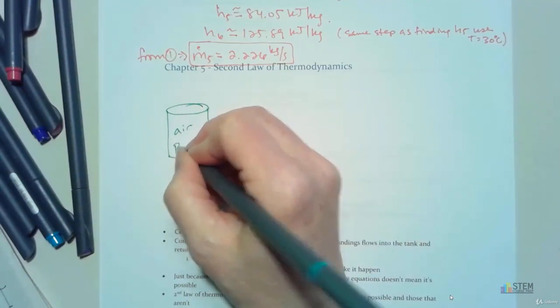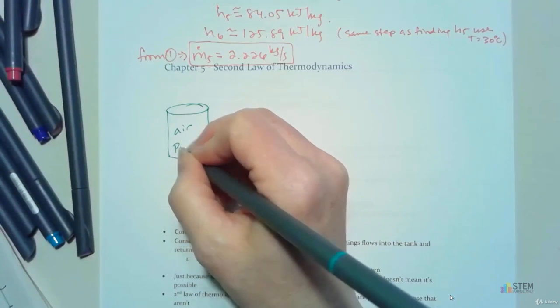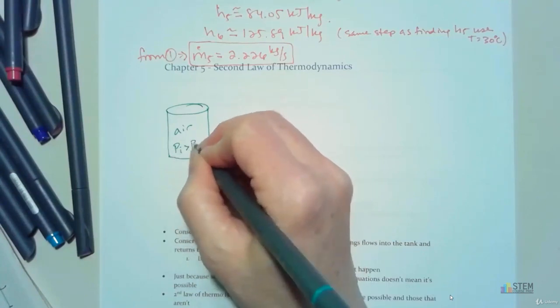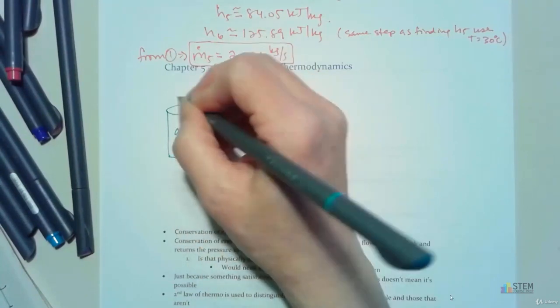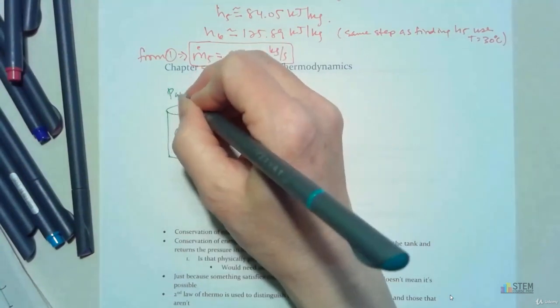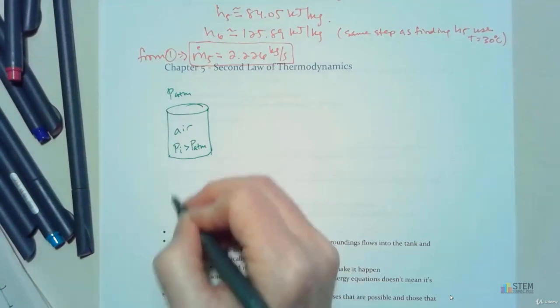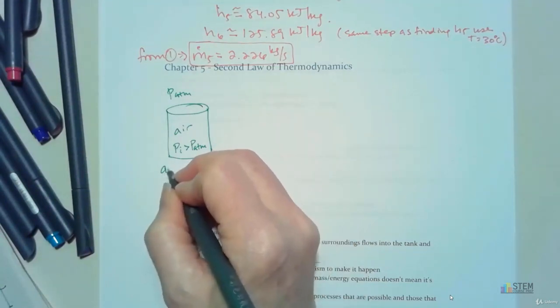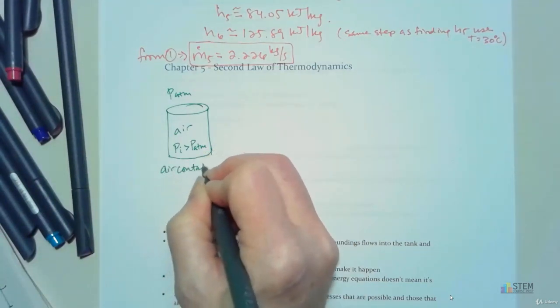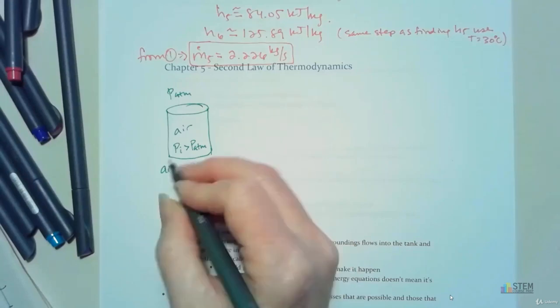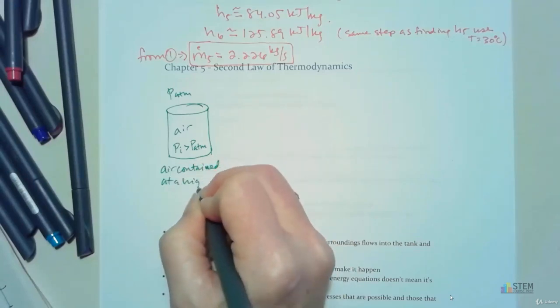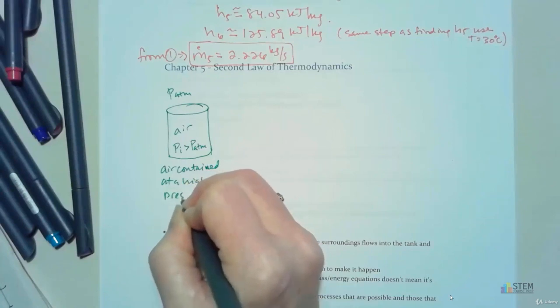And the pressure inside of this, so PI stands for pressure inside, is going to be greater than the atmospheric pressure. So surrounding the air, we have the atmospheric pressure. So let's write down what we just said here. So air is contained at a higher pressure than the surroundings.